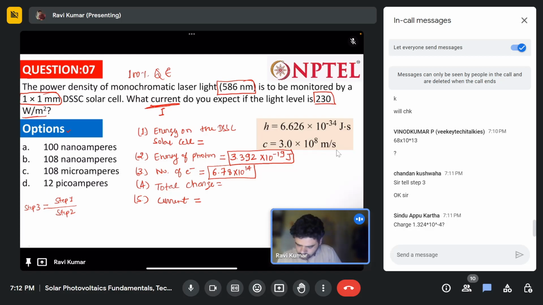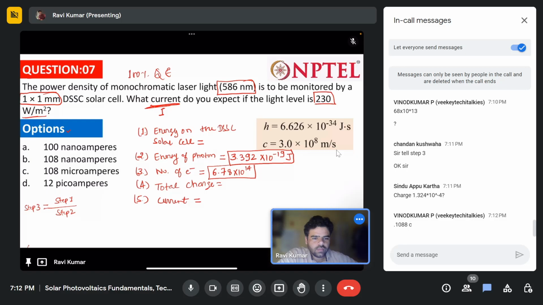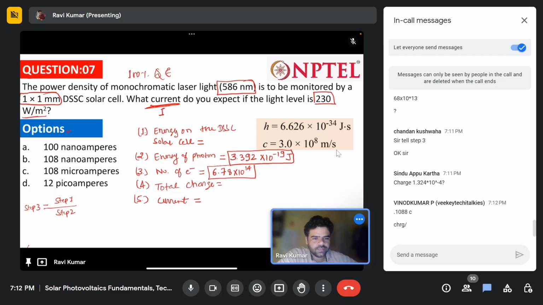You have got 1.6 into 10 raised to the power... 1.32 is wrong. 0.1088 coulomb.